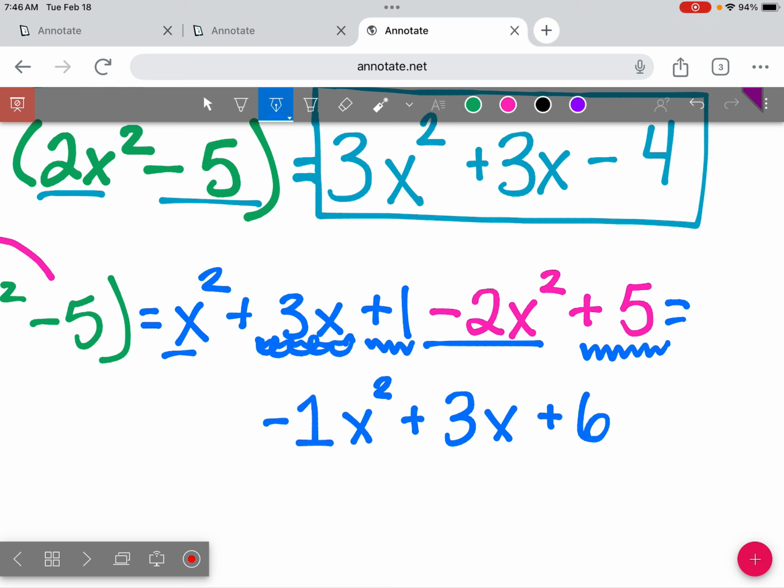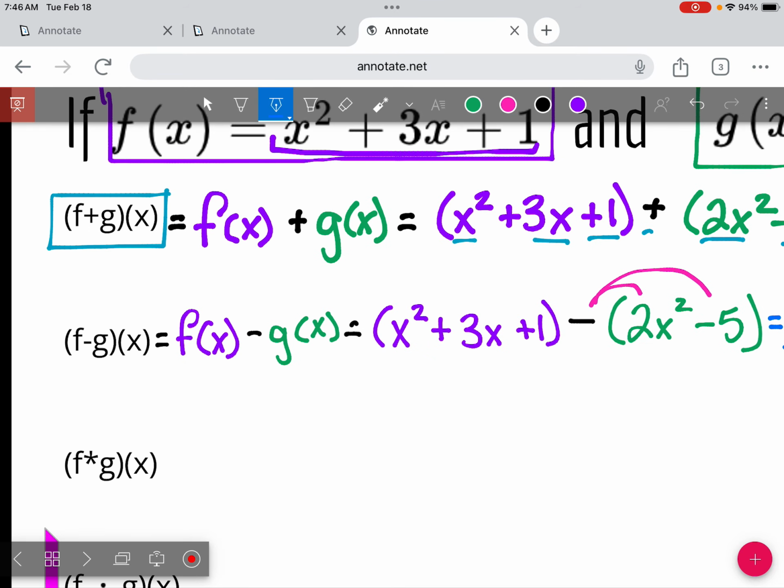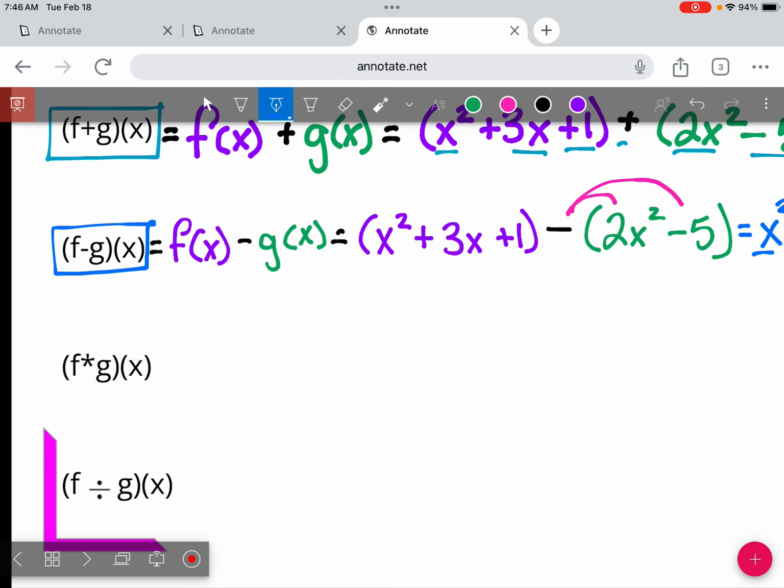There we go. I'm trying to make it so we could see where all these things are coming from. So this is our combined together total of our f minus g. Okay. Questions on that one? Those ones are a little bit bigger.